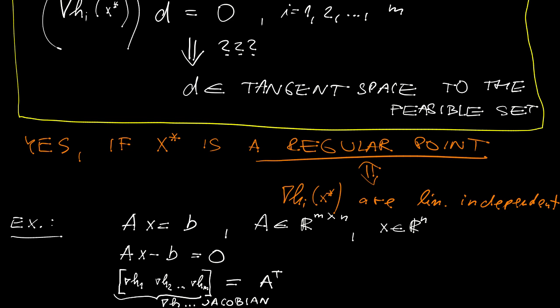So if the columns of A transposed should be independent, that means the rows of the original A matrix must be linearly independent, and that means that the conditions define a regular point if and only if the matrix A is full row rank.